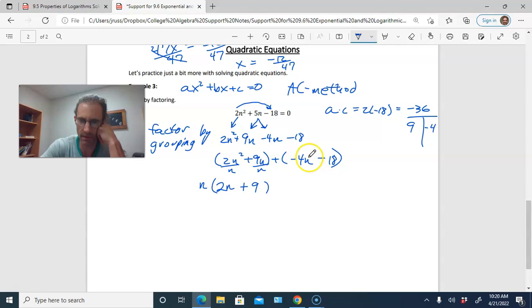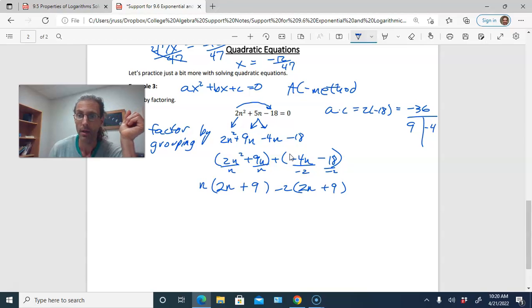But guys, in the last group here, these two terms, they have a 2 in common, but you don't want to take out a 2, you want to take out a negative 2, because whatever we're left with in parentheses, we want those to be consistent. So I'll take out a negative 2 as my GCF. And so when I do this, negative 4 divided by negative 2 is actually positive 2. So this leaves me with positive 2n, so that matches what I already have. And negative 18 over negative 2 is a positive 9.